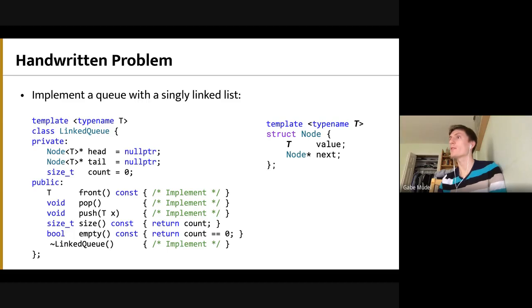I think we want to be doing linked queue. So yeah, we want to submit that to Gradescope as the CBP file, like Eleanor was saying. Looks like we accidentally copied over an old handwritten problem, but we want to be doing linked queue.